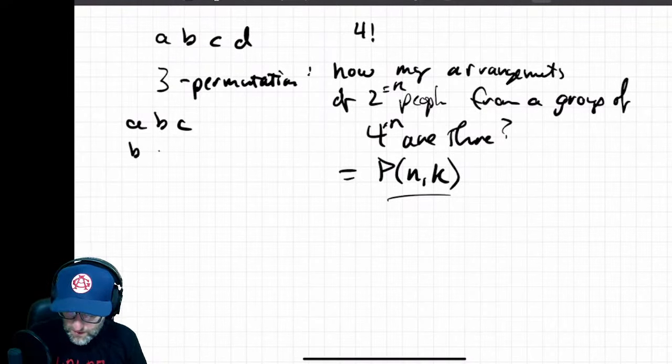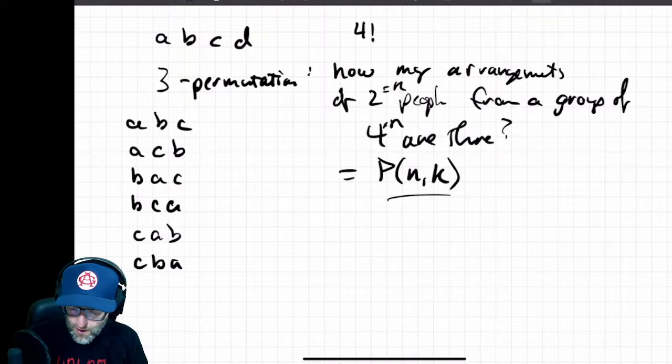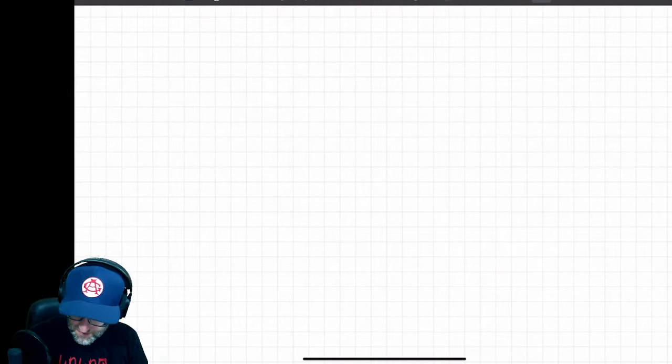A, C, B, B, A, C, B, C, A, C, B, A, C, A, B, and C, B, A, right? There's all those. My first step, though, was to choose the 3 that you wanted to arrange, and then I arranged them. So how do we generate these things?